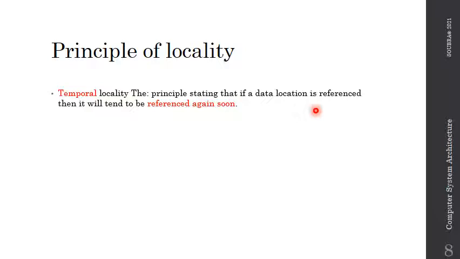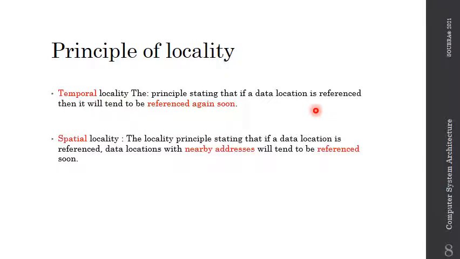If your program is accessing the value of variable a, maybe it's going to change it, maybe it's going to read it, there's a high probability that it will try to access it again, maybe through a for loop, maybe through something else. So there's a high chance that I'll be accessing again soon something that I'm currently accessing. This is temporal locality.